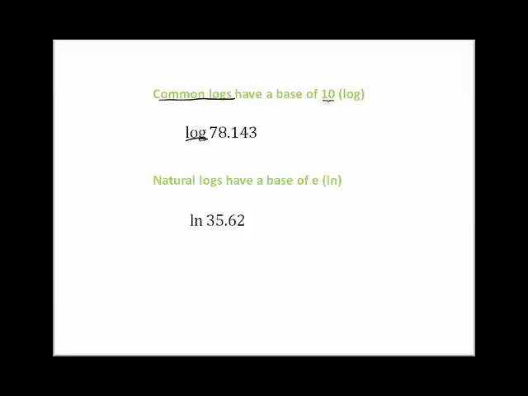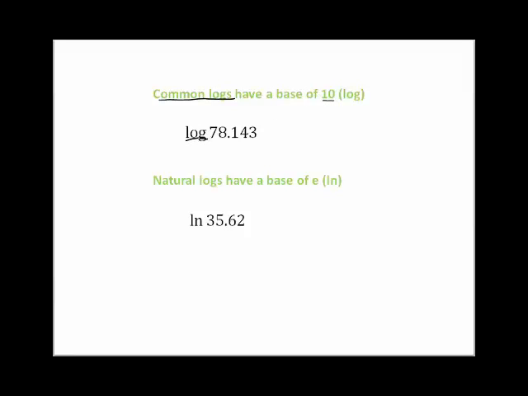Isn't all of our number system on a base of 10, right? 1 through 10, and then 11 through 20, and so forth. We work with a base of 10. So to designate that base, we just use the word log. That's referred to as a common log.